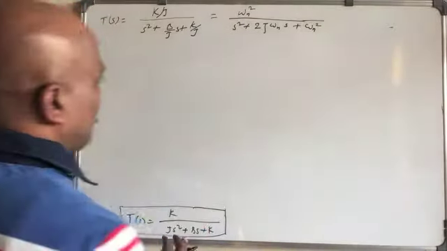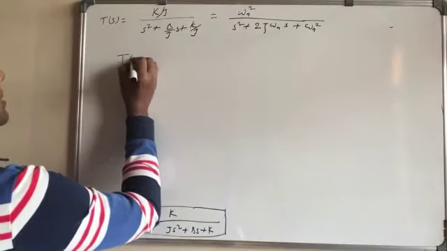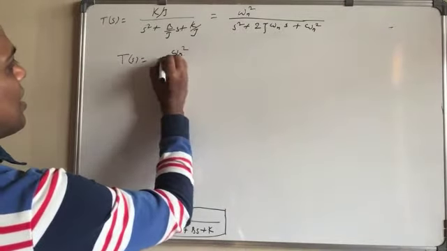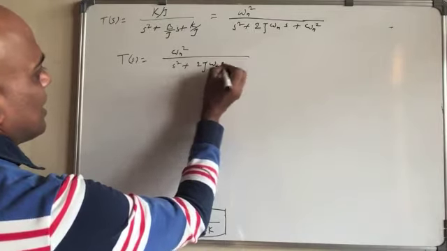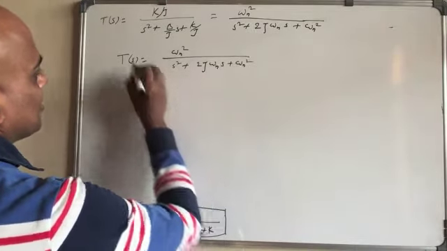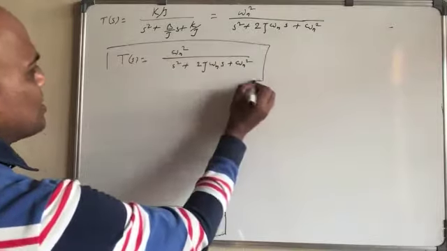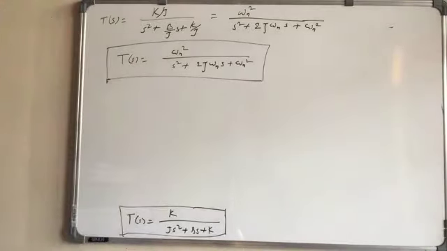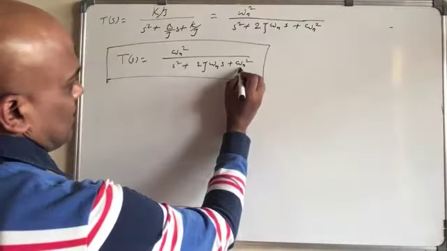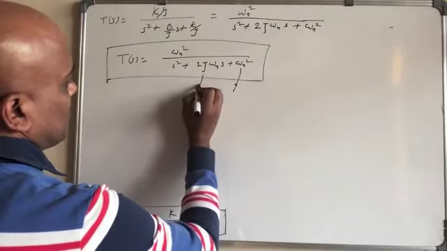This is a standard form, you know. So T(s) equal to omega n square over s square plus 2 zeta omega n s plus omega n square. So this is the standard second order transfer function, and we understand already the meaning of omega n. What is the meaning of zeta?